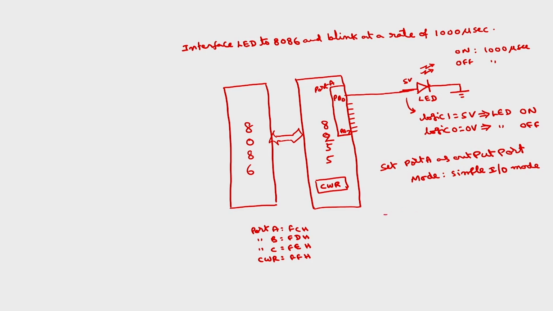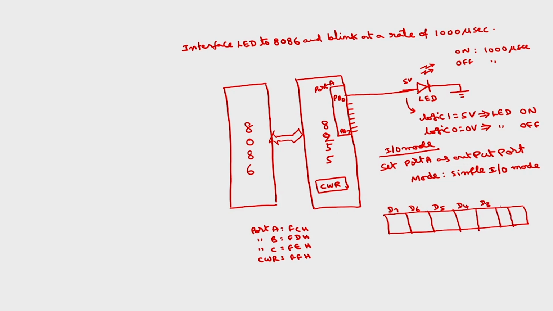Then what will be the control register? I am using this in IO mode. So this is D7, D6, D5, D4, D3, D2, D1 and D0.